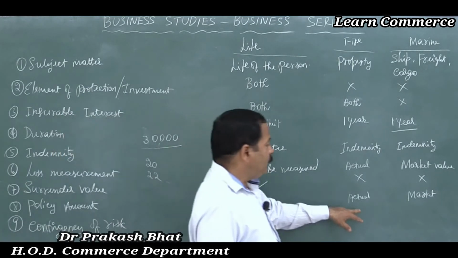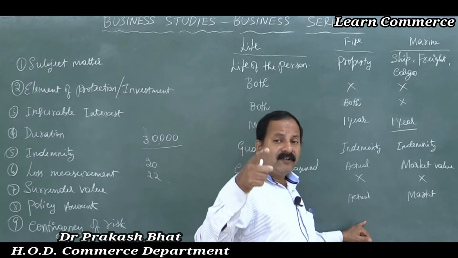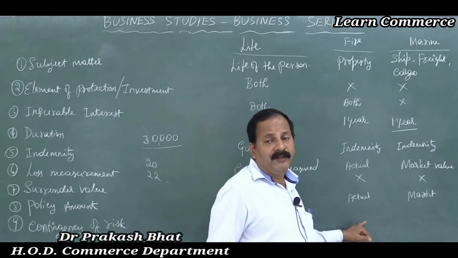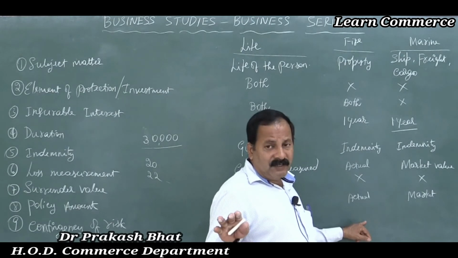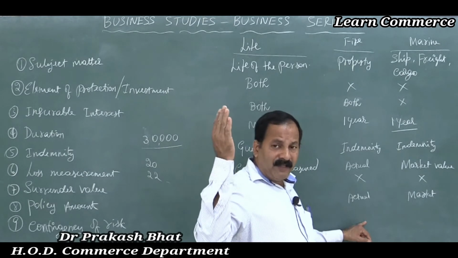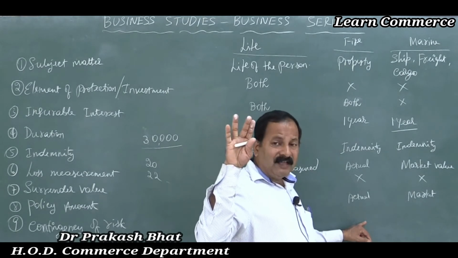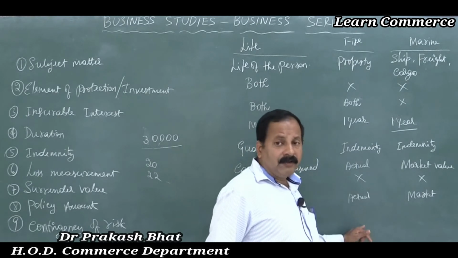Here, if the fire breaks out and actual loss is suffered by the insured, then only it will be paid. Mishap occurs and no loss occurred, then no insurance. Mishap occurred and fire breaks out and there is loss, actual loss suffered by the insured, then compensation will be paid.